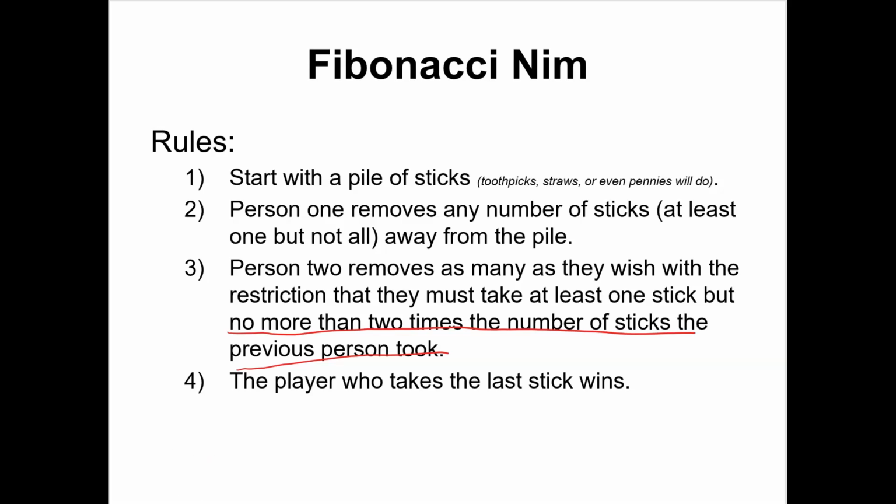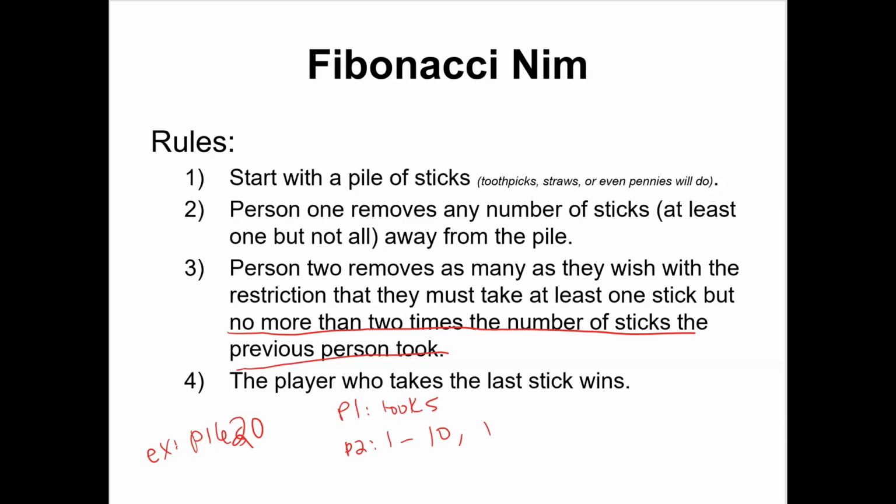So let's just say we had a pile of 20, and you can start with whatever number you want. Person 1, let's say, took 5. They have to take 1 but not all. Then person 2 can take as many as they wish, at least 1, but no more than 2 times what the other person took, so 1 to 10.